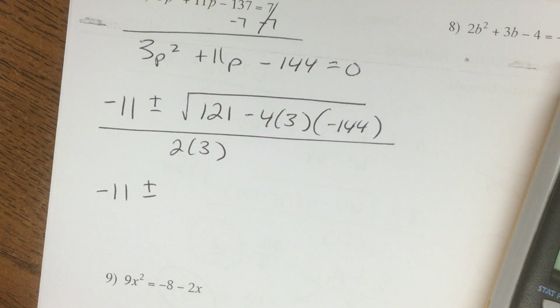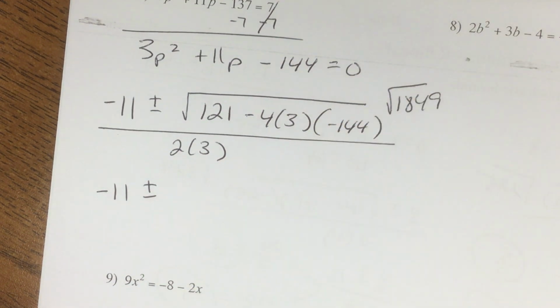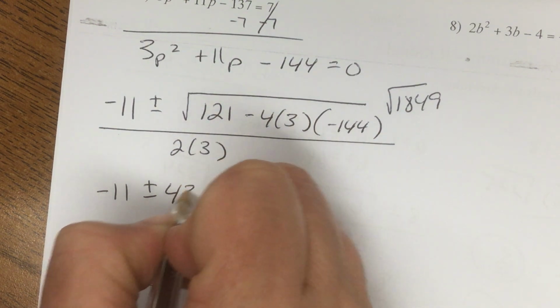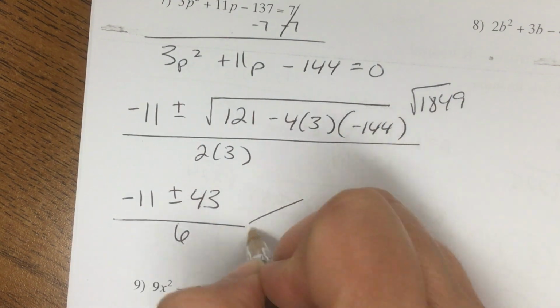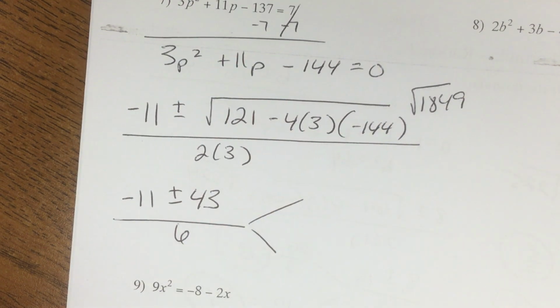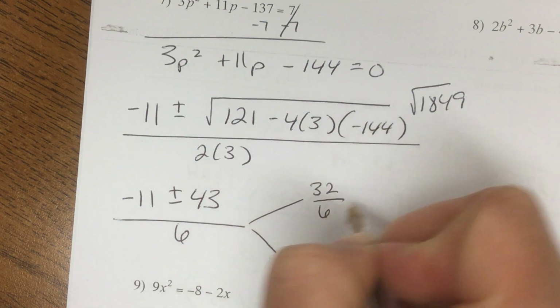So 121 minus 4 times 3 times negative 144 is radical 1849. Square root of that is 43. And 2 times 3 is 6. So then negative 11 plus 43 is going to be a positive 32 divided by 6.